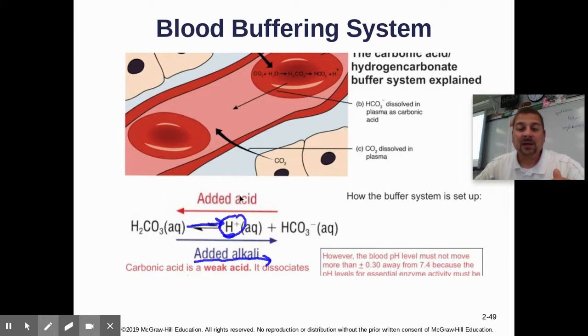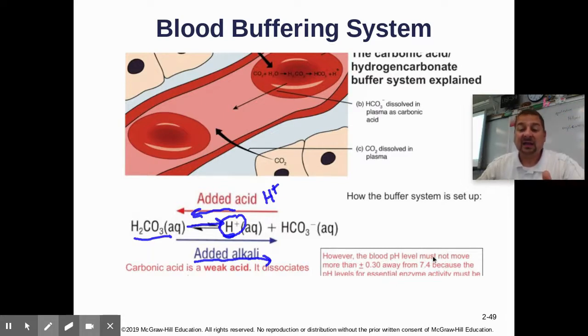If you add acid to your blood, which already gives off H pluses, those H pluses will combine with the bicarbonate, the HCO3 negative, and it will go back this way, and so it'll bring that pH back up. It will absorb those hydrogen ions and bring it back up.